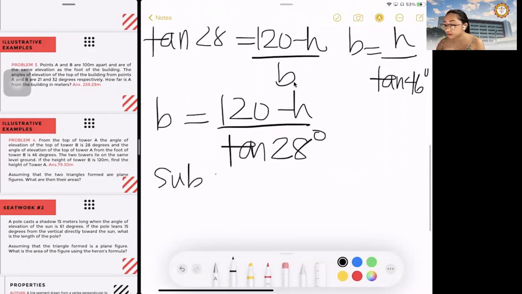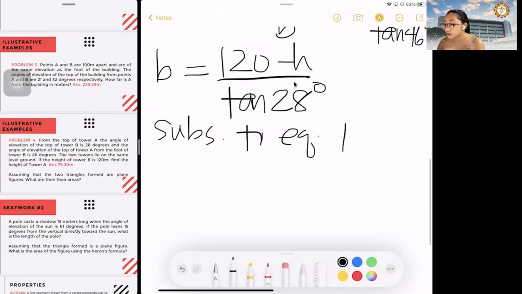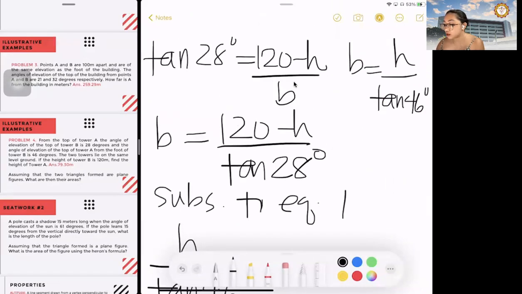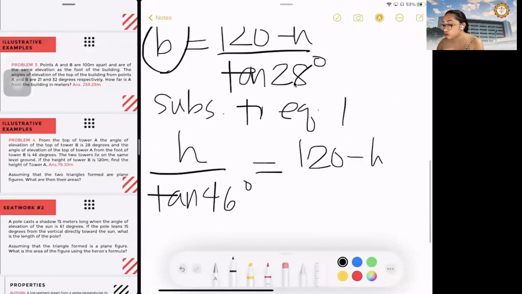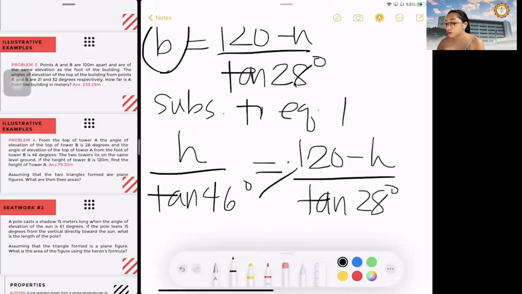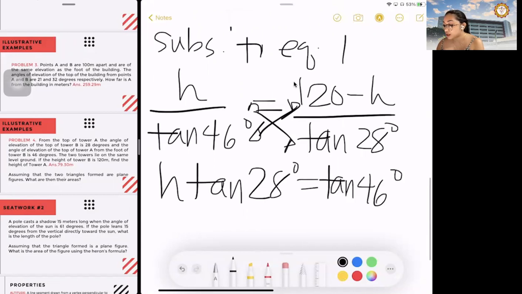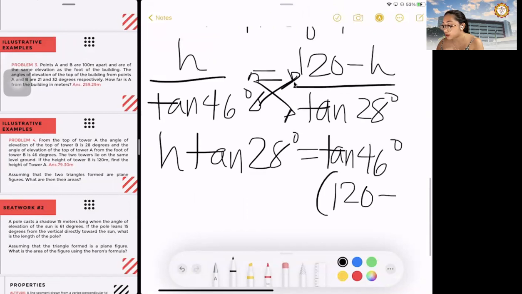Substituting to equation 1, that becomes h over tangent of 46 equals 120 minus h over tangent of 28 degrees. So cross multiply. So that becomes h tangent of 28 equals tangent of 46 times 120 minus h.